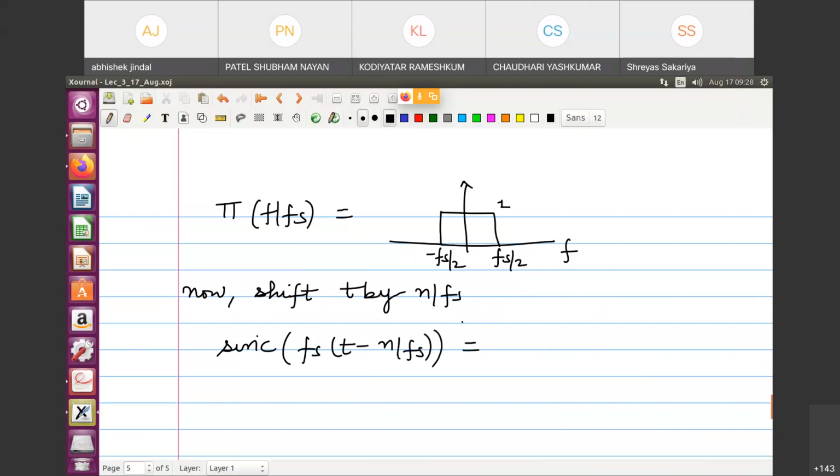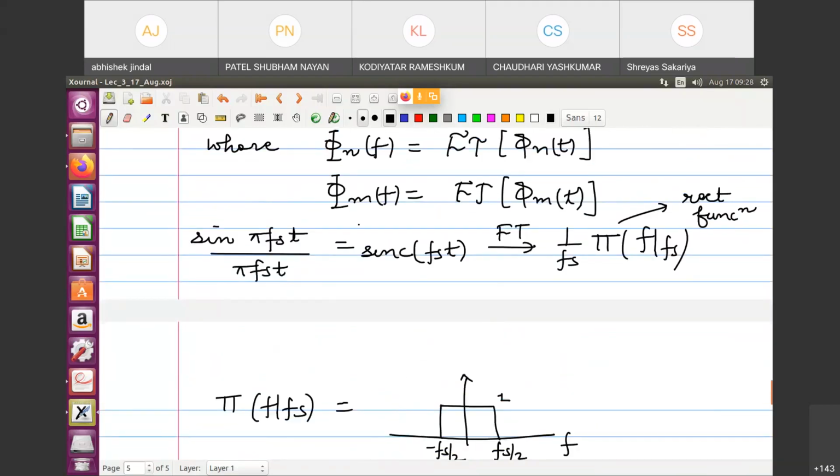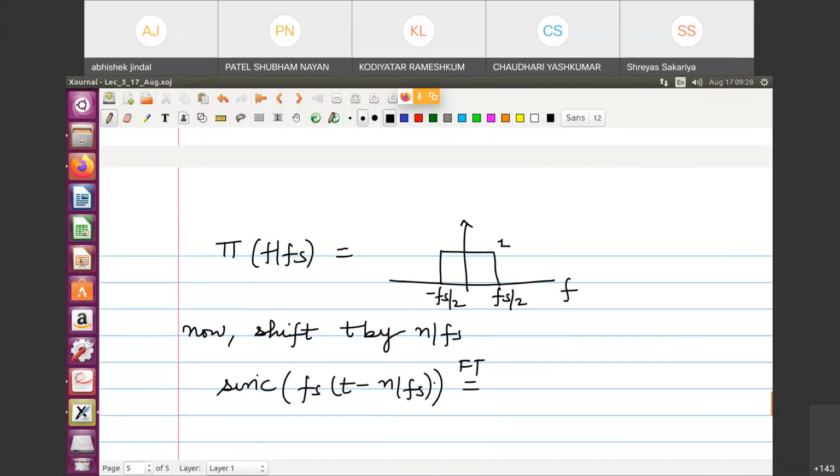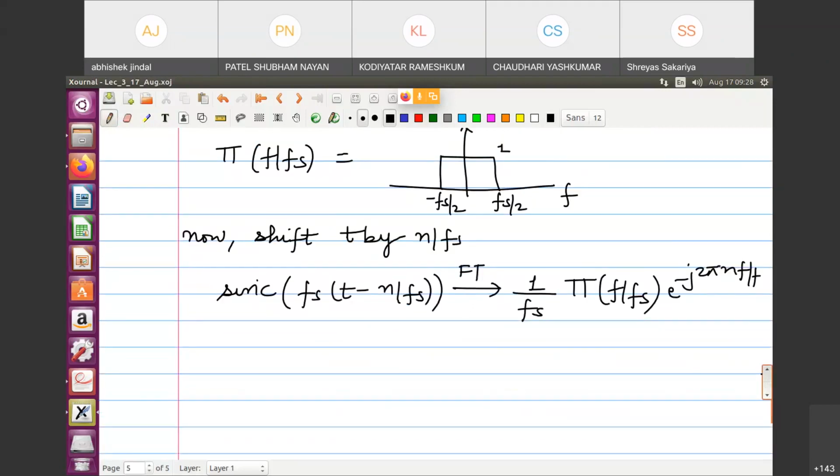We knew the Fourier transform of sinc of fs t. Now I have shifted this by n by fs, so using the properties of the Fourier transform, which is another application of what we have studied, we get 1 upon fs times rect of f by fs, e raised to power minus j 2 pi n f by fs. This equality means the Fourier transform is valid. I'm just drawing it here, otherwise this can invoke some confusion.